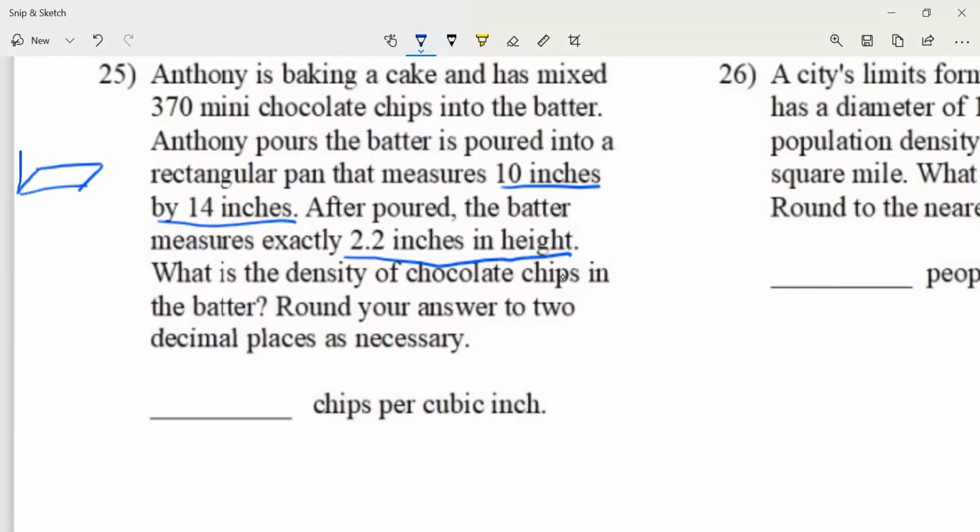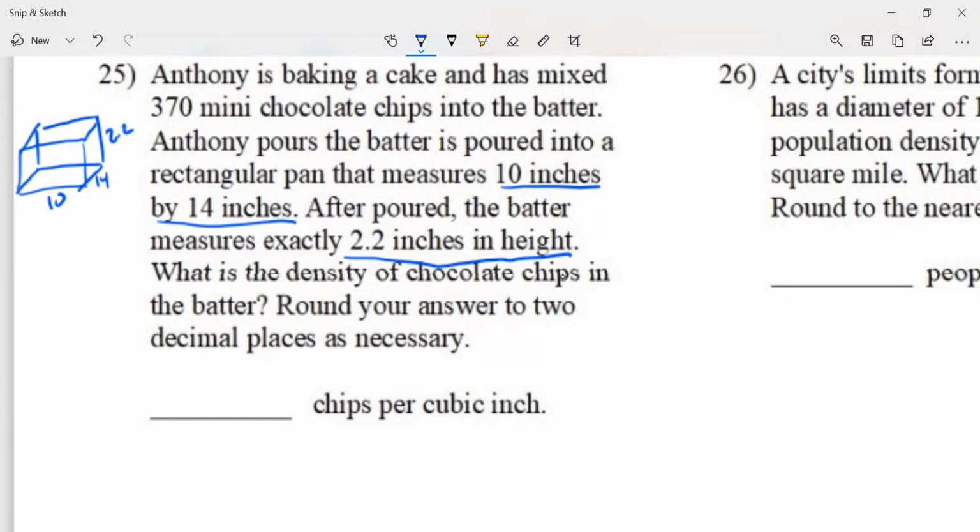That gets increased. Now my base to begin with was 10 by 14. And then the height of this is 2.2. So the volume of this is 10 by 14 by 2.2.